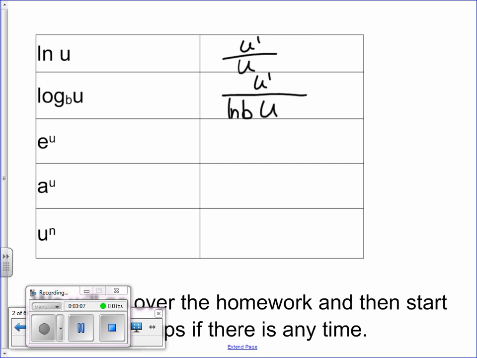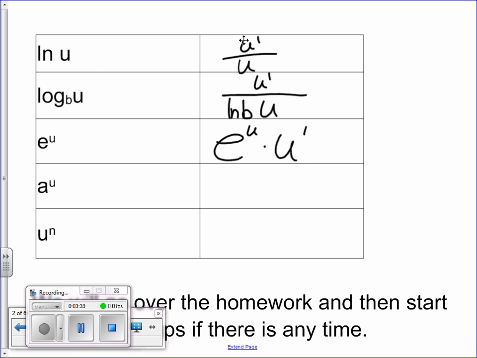Now, what about the derivative of e to the u? All right, Riley. E to the u times u prime. What if it's not e to the u, but some other number?